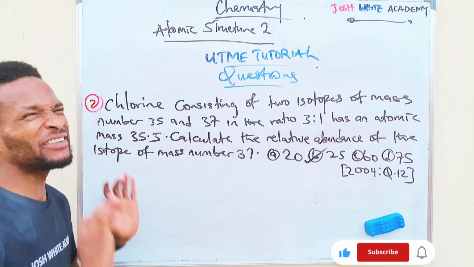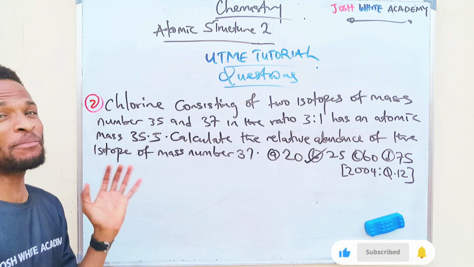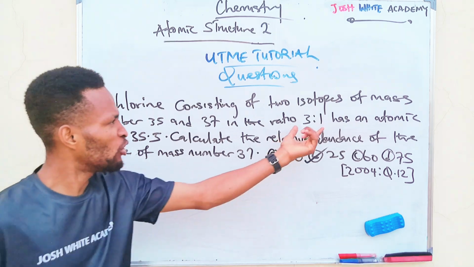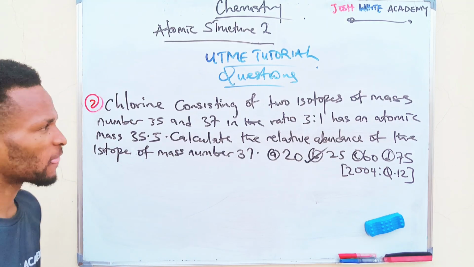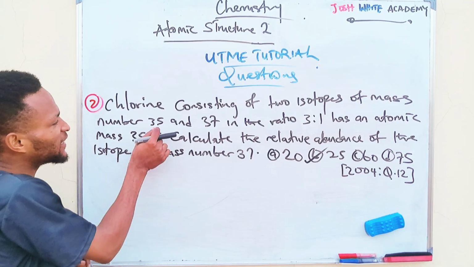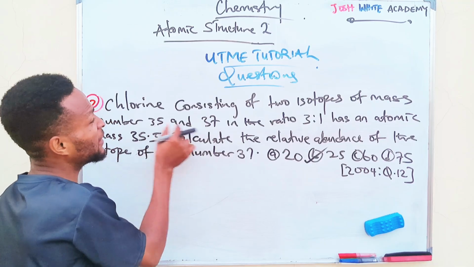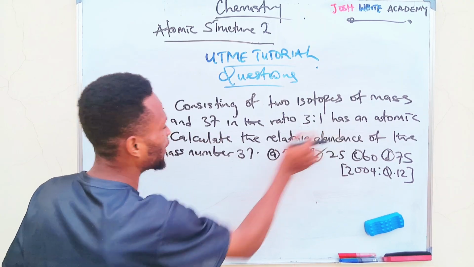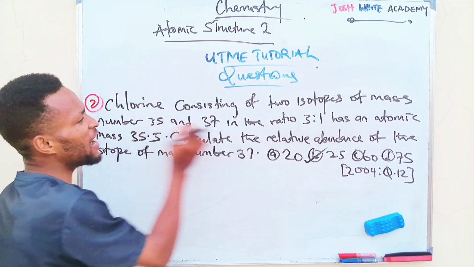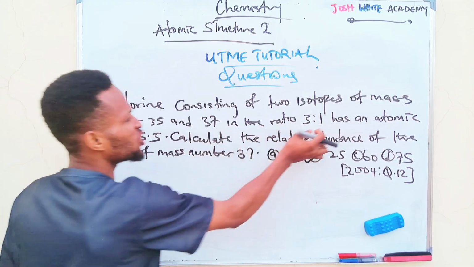But if you want to solve it, the simple way is from this ratio. Remember, they said 35 to 37. 35 and 37 are in the ratio of 3 to 1. That means 35 is 3, 37 is 1.